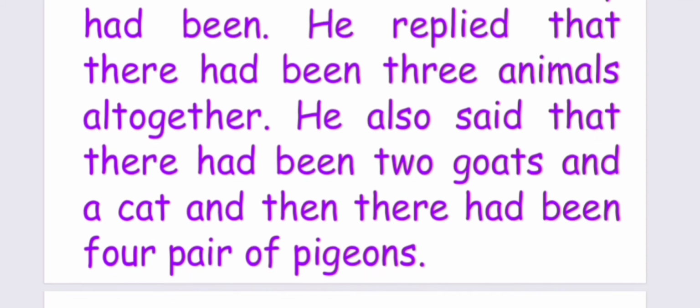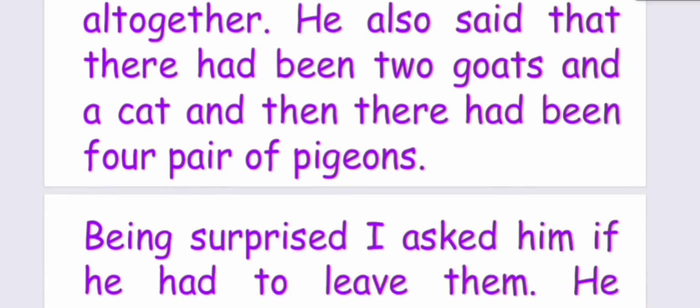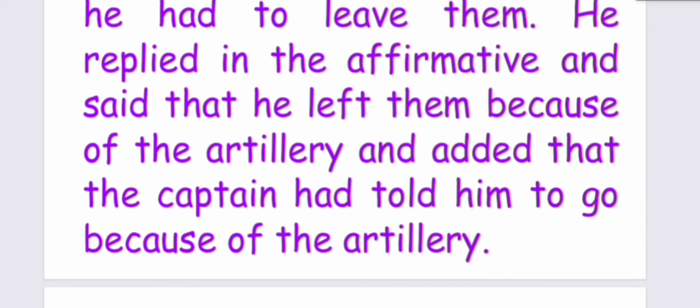He also said that there had been 2 goats and a cat, and then there had been 4 pair of pigeons. Being surprised, I asked him if he had to leave them. He replied in the affirmative and said that he left them because of the artillery, and added that the captain had told him to go because of the artillery.